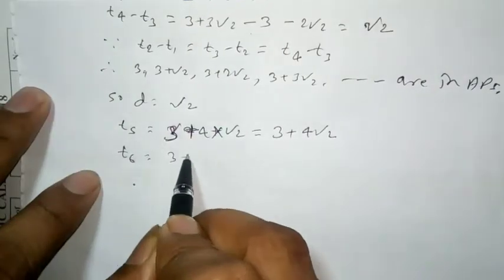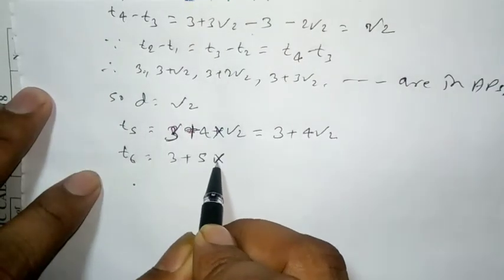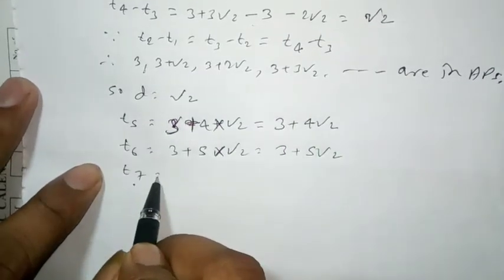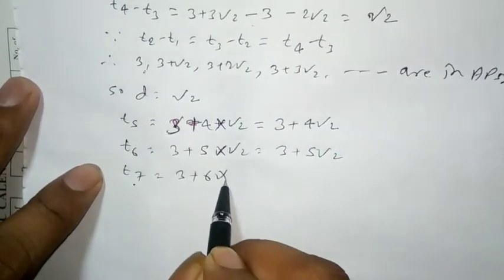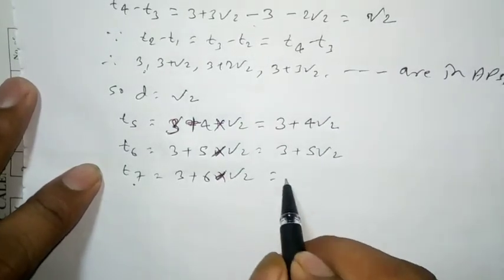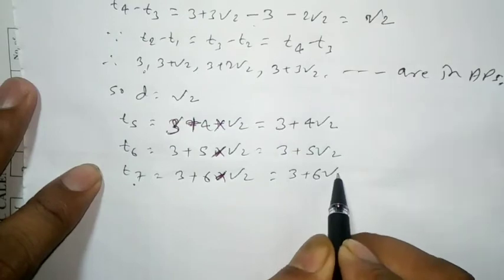T6 is equal to 3 plus 5 into root 2, equal to 3 plus 5 root 2. T7 is equal to 3 plus 6 into root 2, equal to 3 plus 6 root 2.